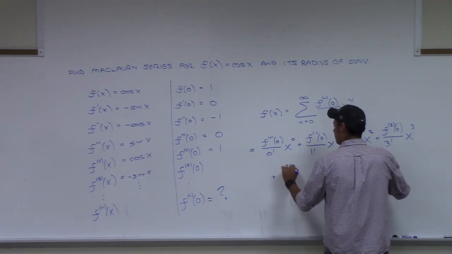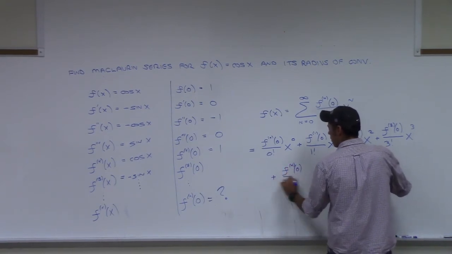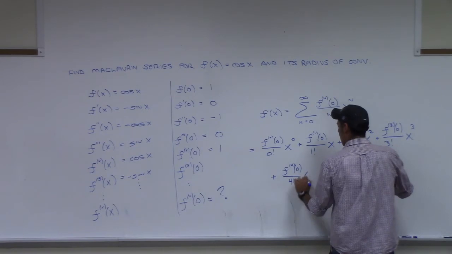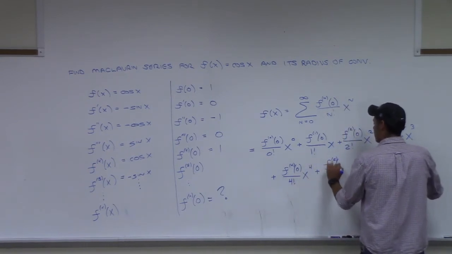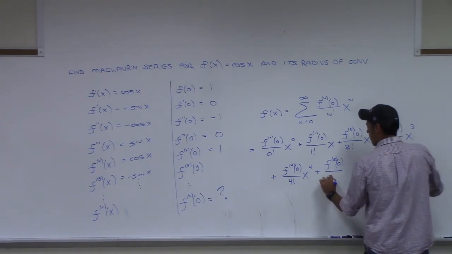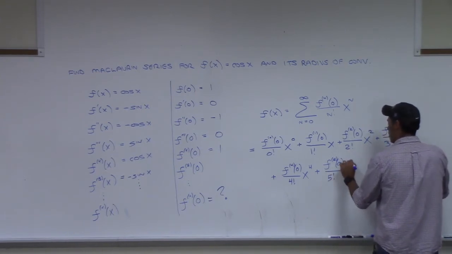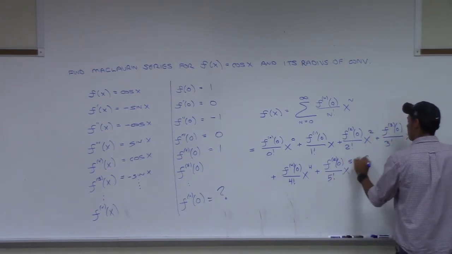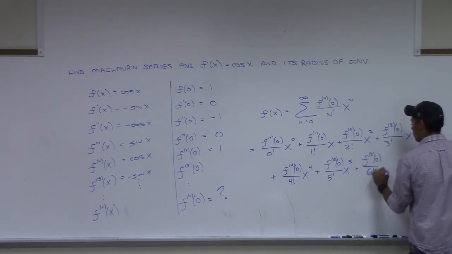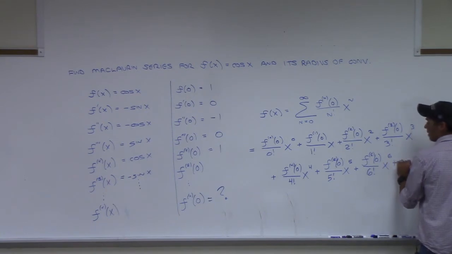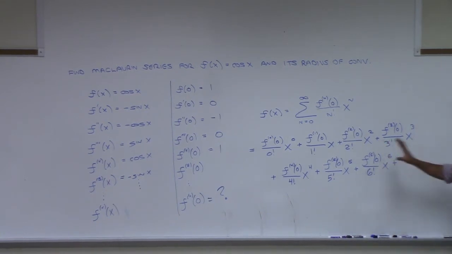Fourth derivative at 0 over 4 factorial x to the 4th, plus fifth derivative at 0 over 5 factorial x to the 5th. I'll go one more. Sixth derivative at 0 over 6 factorial x to the 6th plus dot, dot, dot. Do y'all agree that's just it written out?